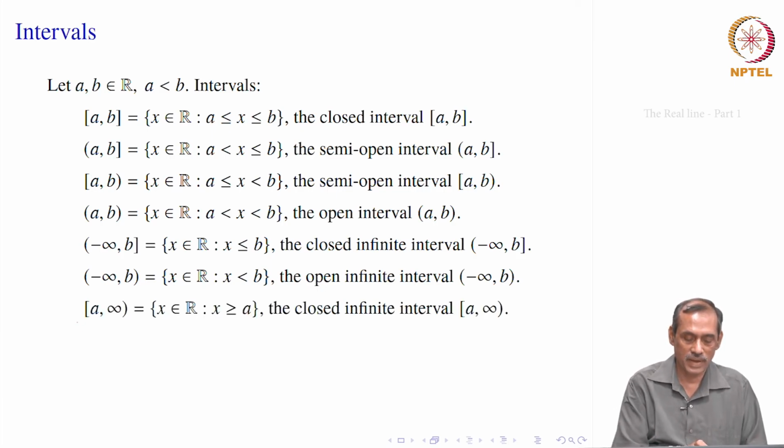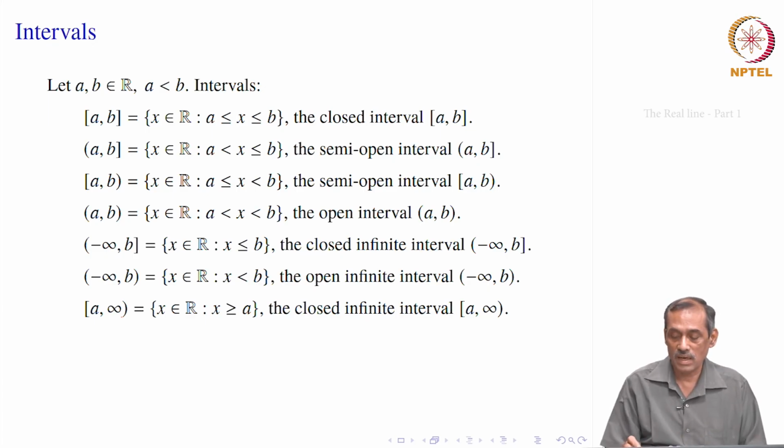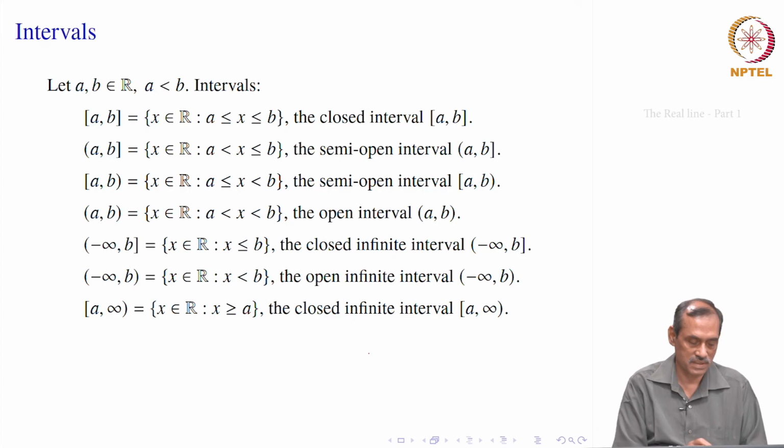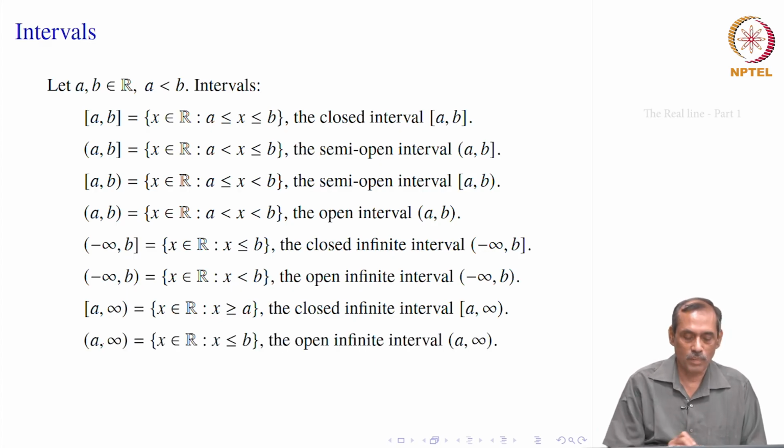And then we have a closed infinity. So, again infinity on the right side we think, minus infinity on the left side. So, this a infinity will be the set of all real numbers which are greater than or equal to a. A is included, and everything to the right of it. Then we have open a, open infinity.